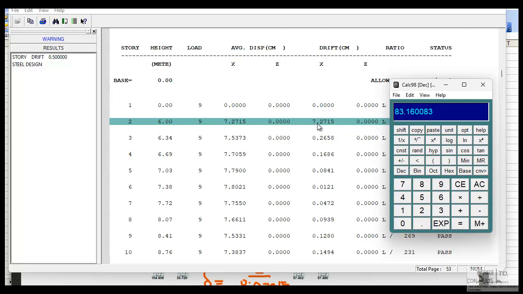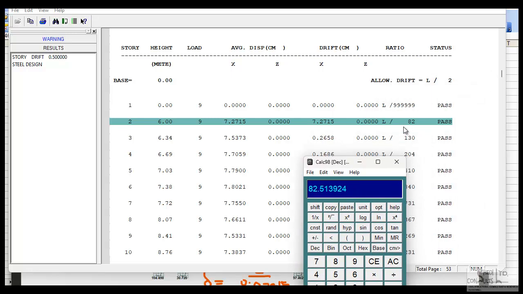Okay, it's 0.072715. So if you do 6 divided by 0.072715, that gives me 82.5. So that is how it arrived at 82 point something, 82 arbitrary.